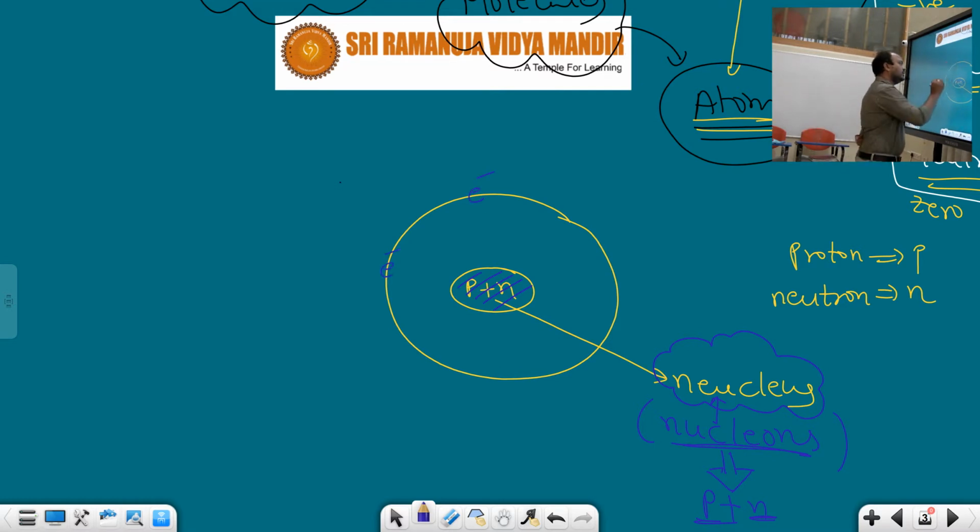Electrons always revolve around the nucleus, just like planets revolve around the sun. Electrons have negative charge and protons have positive charge. Between them a slight electrostatic force of attraction exists, and the negative charge is balanced by the positive charge.